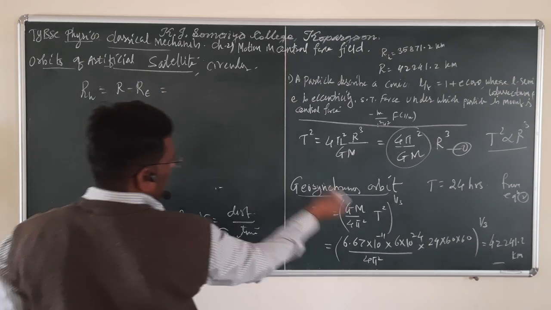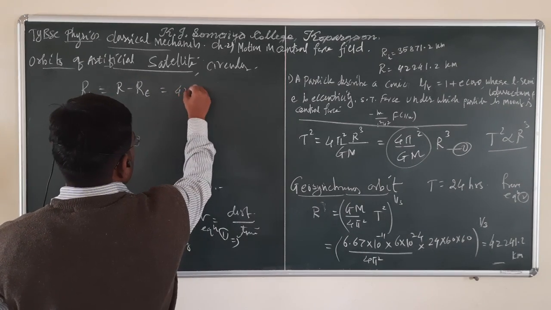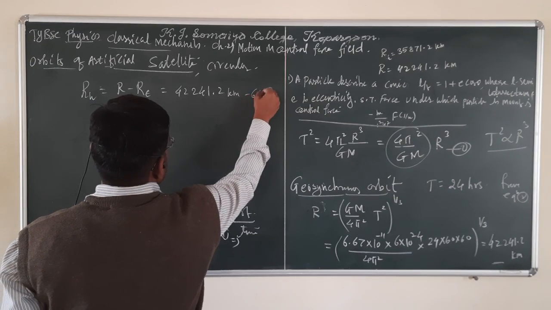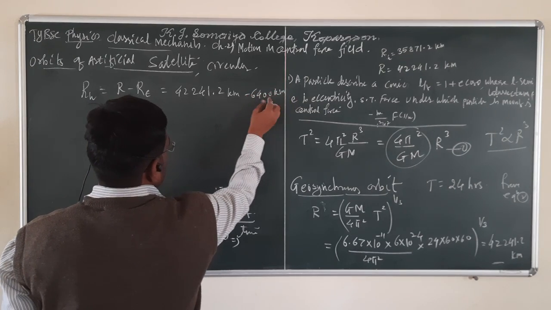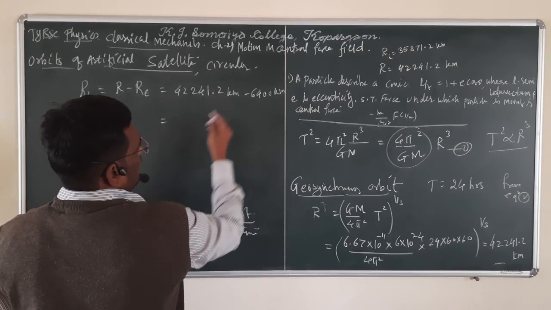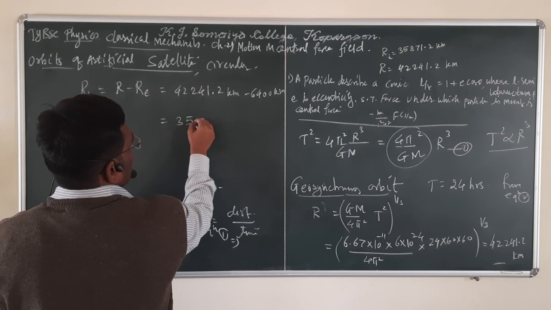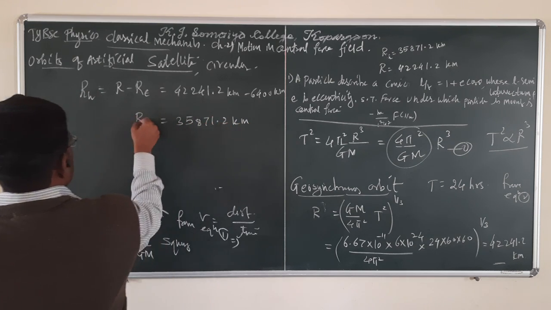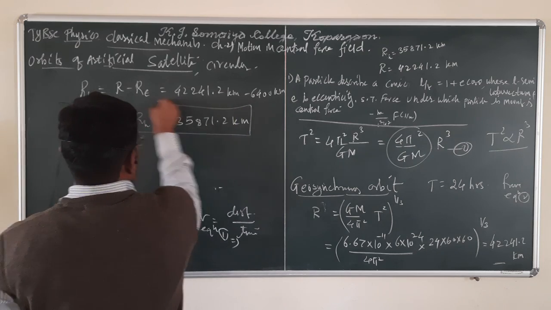That is 42,241.2 kilometer minus 6,400 kilometer. So this is the radius of Earth. So we will get the answer 35,871.2 kilometer. This is the height above Earth's surface.